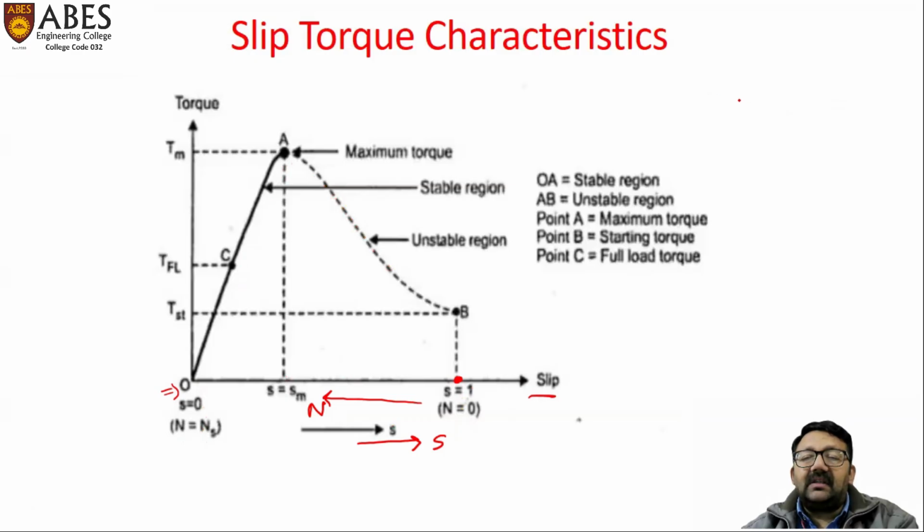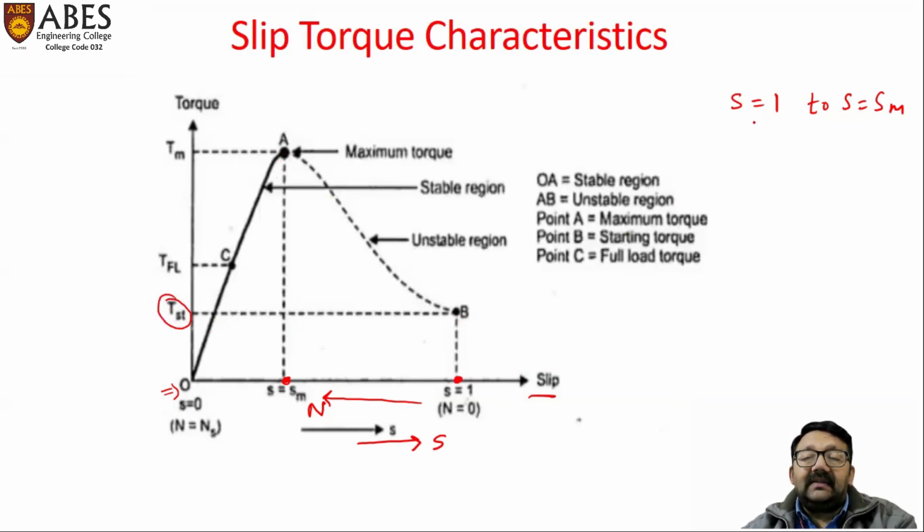This high slip region basically lies from S equal to 1 to S equal to Sm. Sm is the slip corresponding to the maximum torque. Here, this is the maximum torque. At the beginning, the curve starts from this point B. This B represents the value of starting torque of the motor.